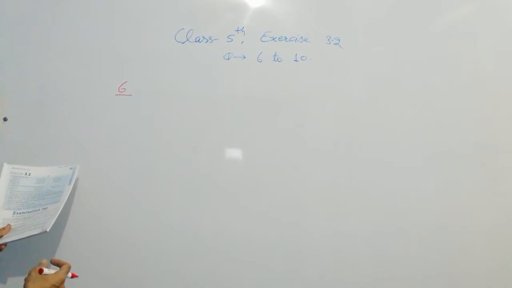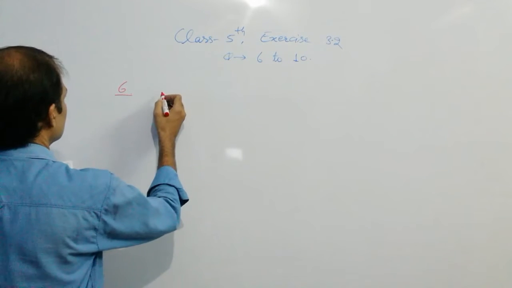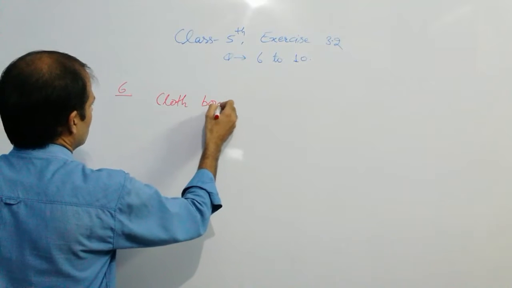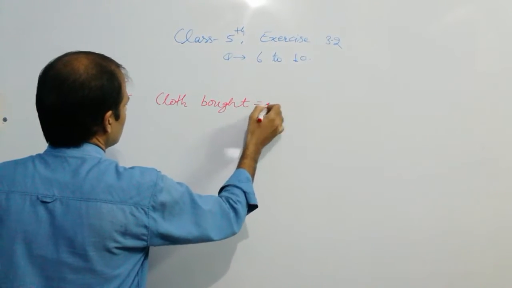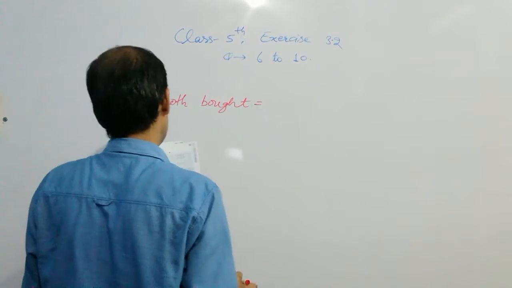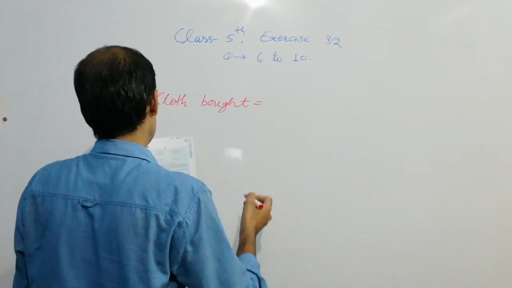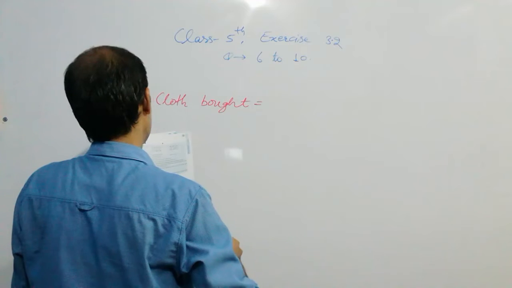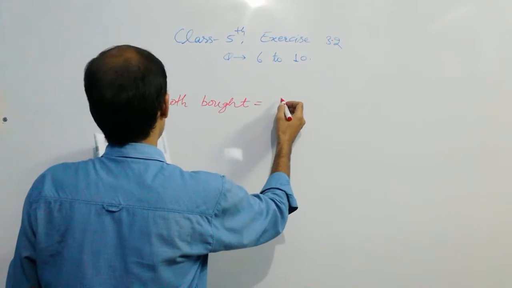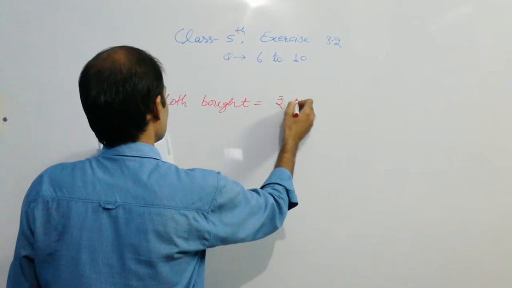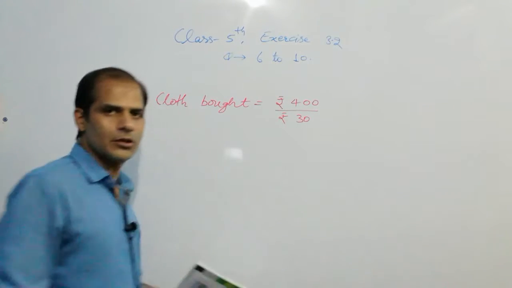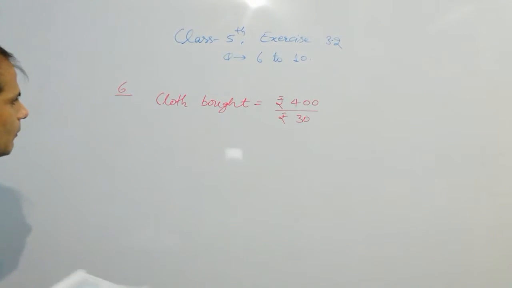Now we have to write cloth bought equals, how much cloth he can buy. So it equals rupees 400 divided by rupees 30. Now we have to perform division.